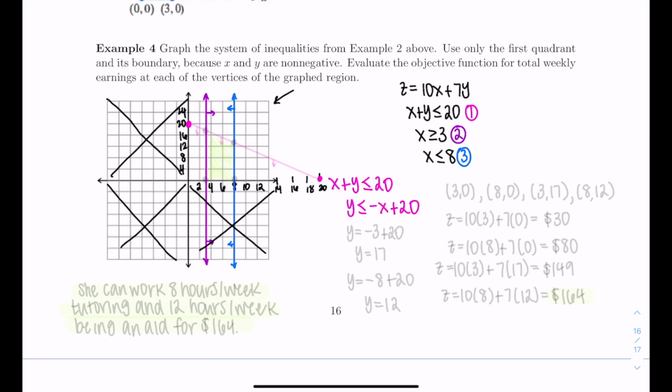And we're going to connect our line. This is y is less than or equal to, and so this means that we are shading below.